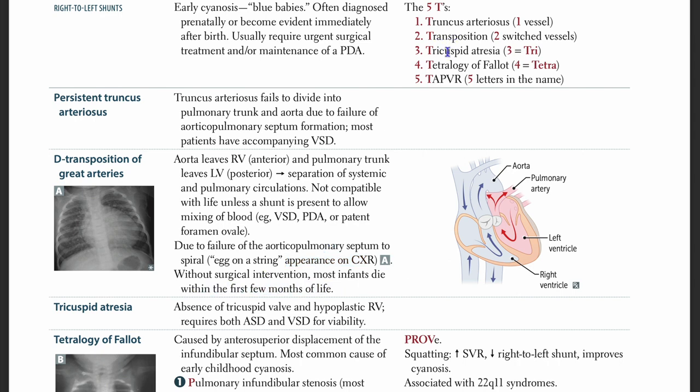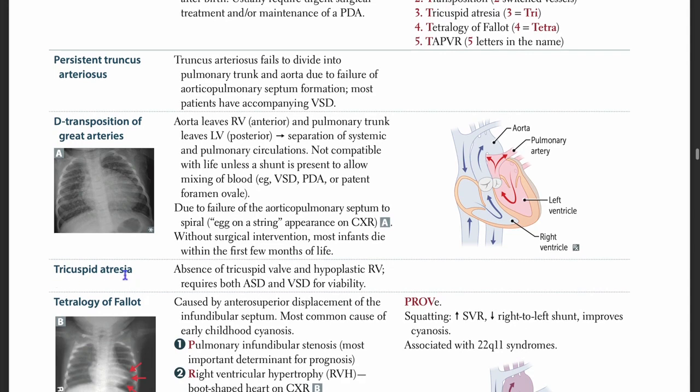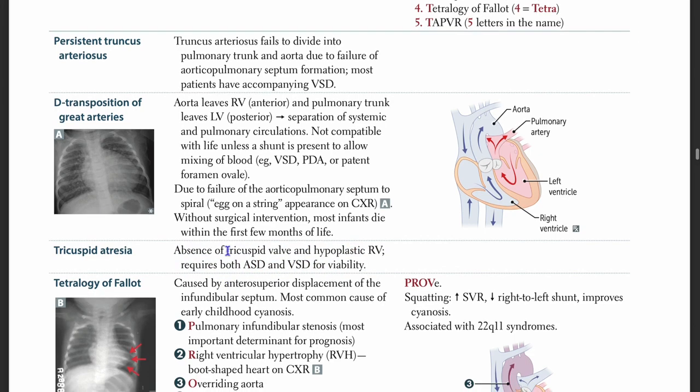Okay. Three, you have tricuspid atresia. Okay, so tricuspid atresia, absence of tricuspid valve and hypoplastic right ventricle, requires both atrial septal defect and ventricular septal defect for viability. So that's just absence of the tricuspid valve and hypoplasia, because there's nothing to do, right? So what happens when a muscle doesn't work?